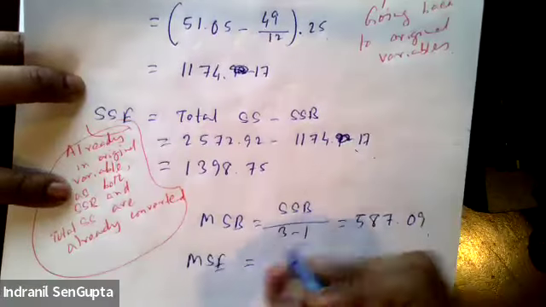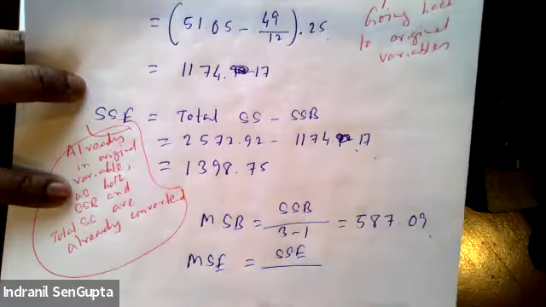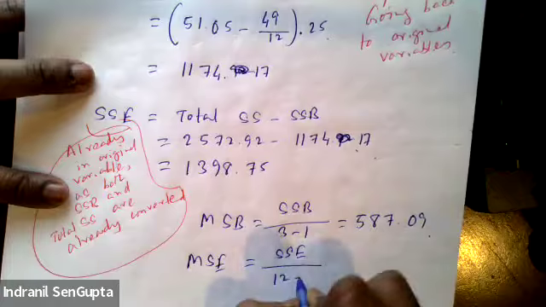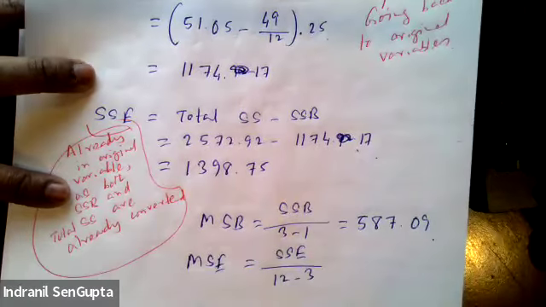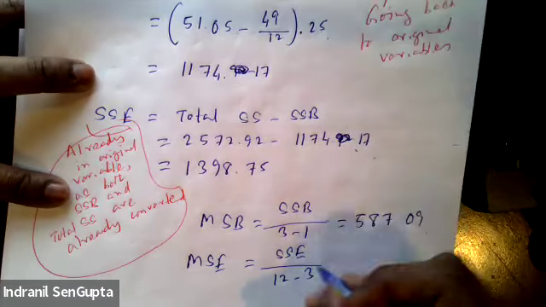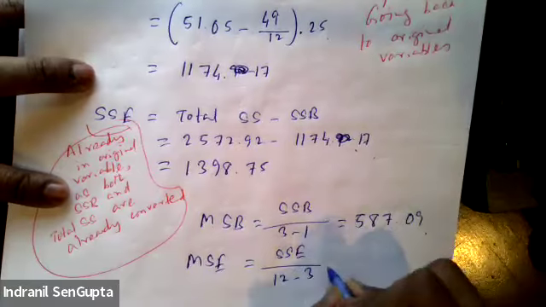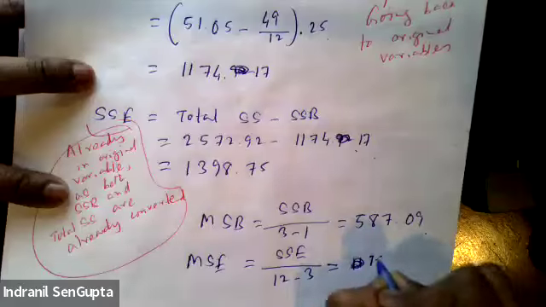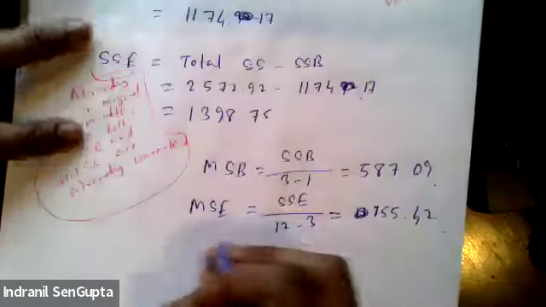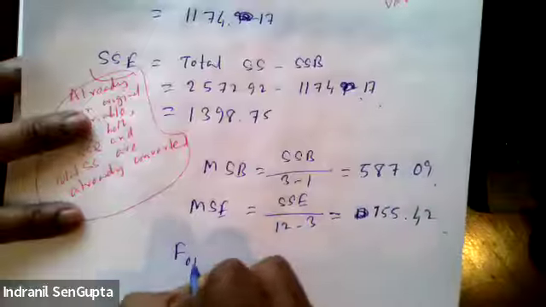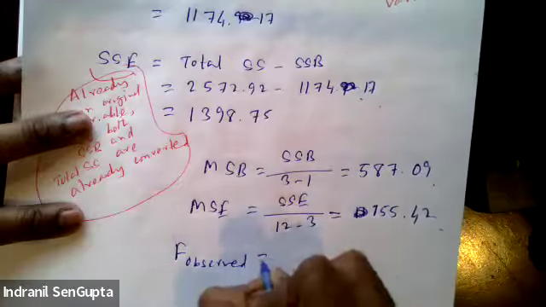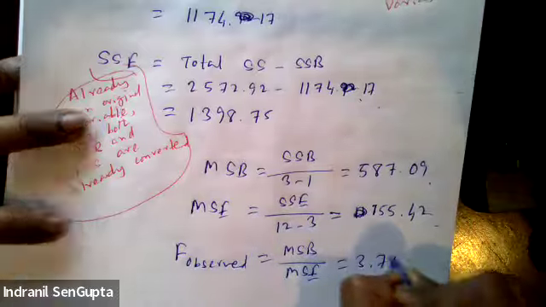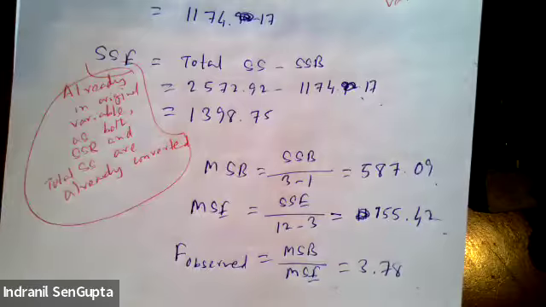MSE is SSE over N minus B. N in this case is 12 and B is 3. So it's SSE over 9, which is 155.42. And therefore, the F observed is MSB over MSE, which is 3.78. That's it. That's the computation.